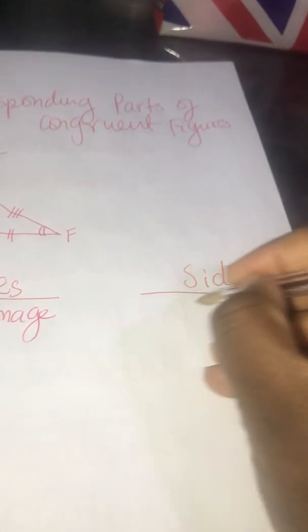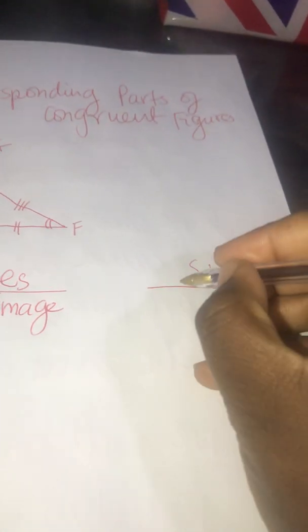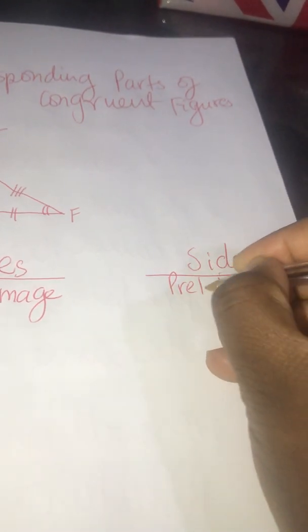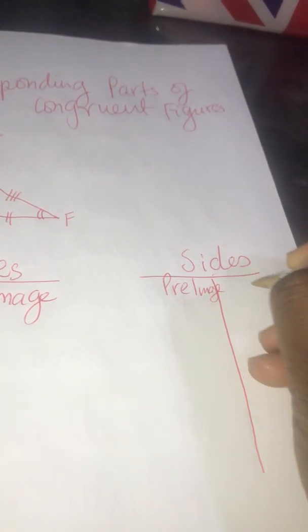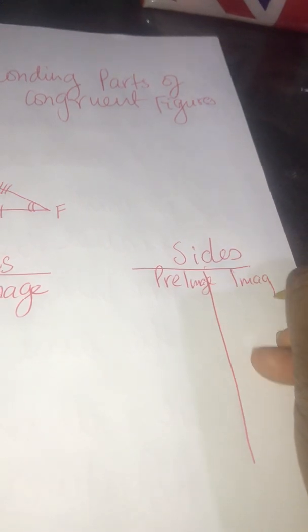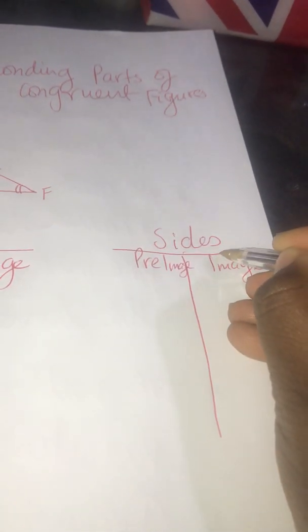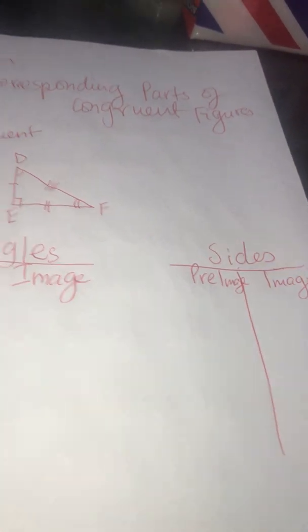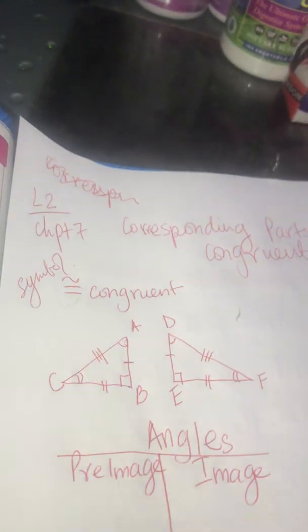The same thing. You're going to do the pre-image, and the image over here. I'm going to use a different color for each one. Where's my blue pen?